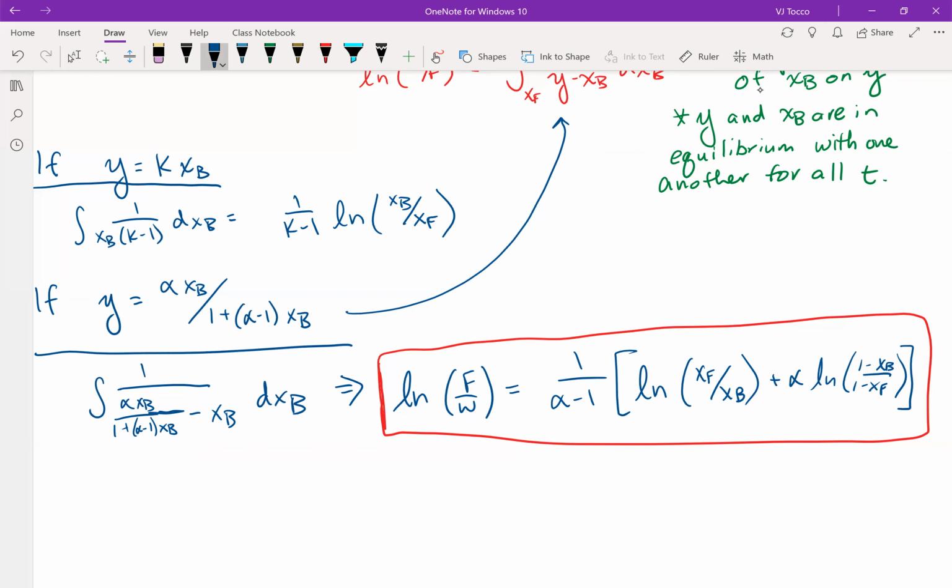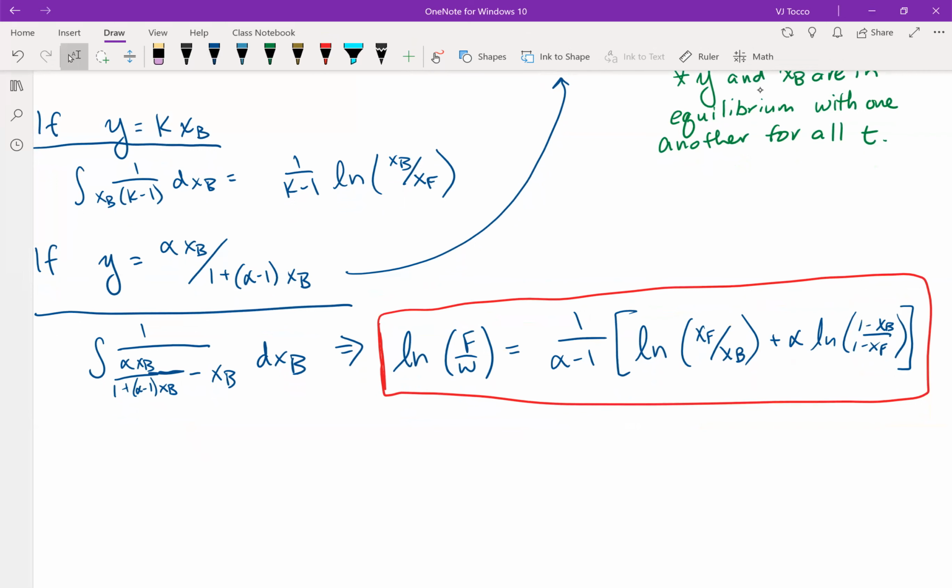One more possibility that we have to account for is if there is no form of the relative volatility that accurately represents equilibrium data. So if there is no analytical expression for y as a function of x.